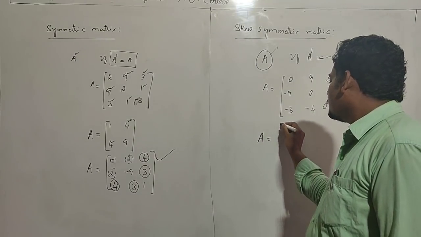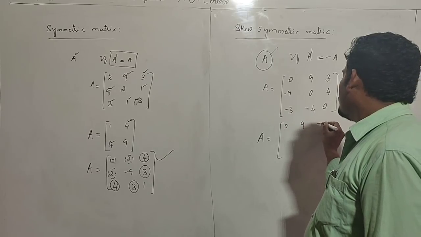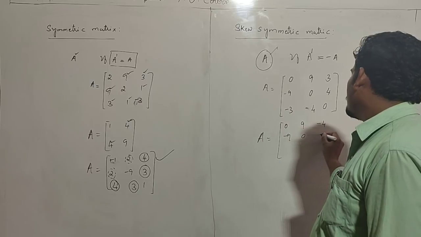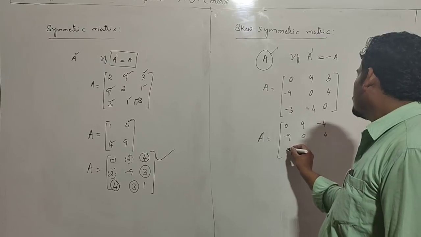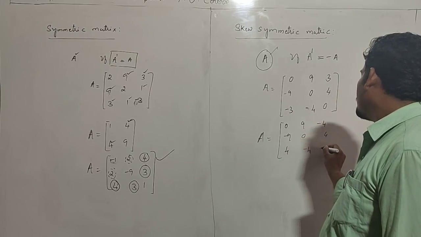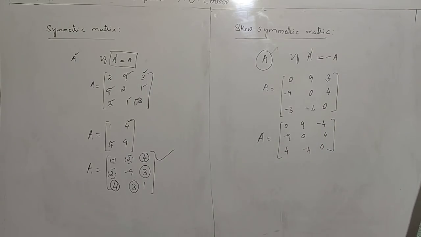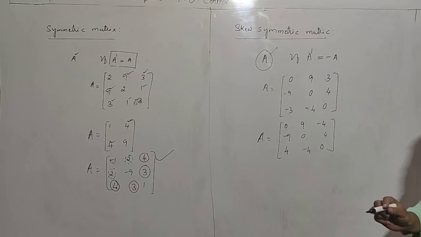I will write one more example. Matrix A: 0 9 minus 4, minus 9 0 plus 4, plus 4 minus 4 0. Clearly it is also a skew symmetric matrix. Just look at their non-diagonal elements.